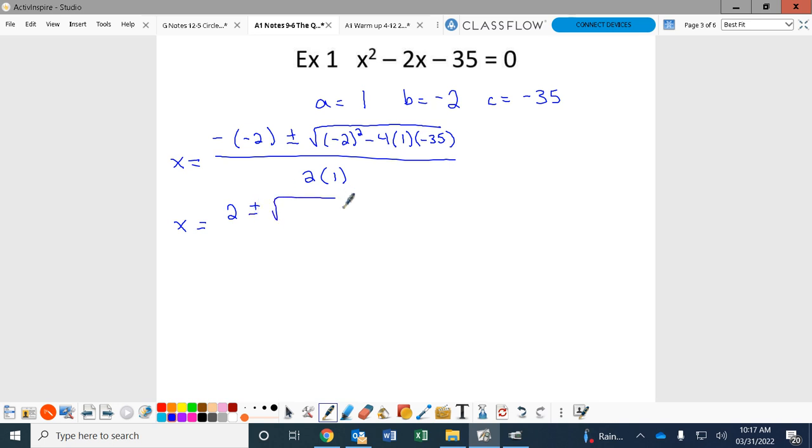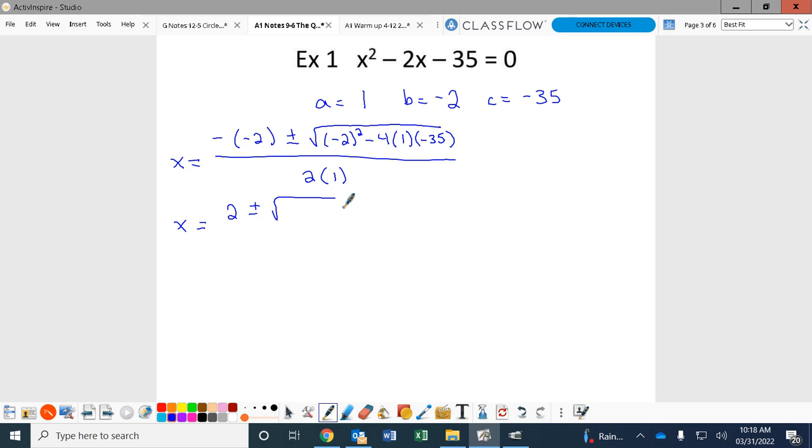Okay, to type this, guys, type it with us the first time just to make sure. I'm going to go through the whole thing the first time just to make sure you can type it. It would be 2 negative, and then hit the square button. 2 negative squared minus 4 times 1 times 35 negative equals.